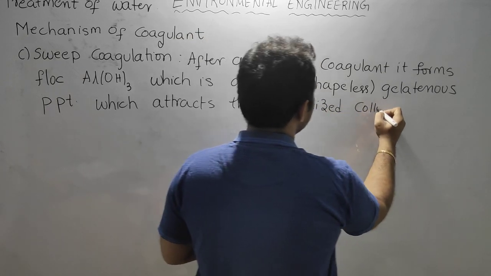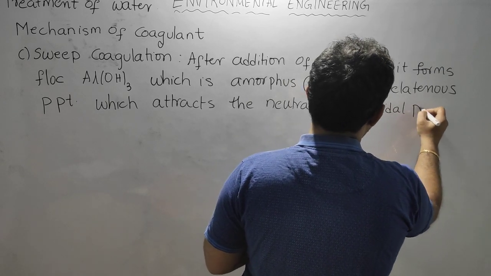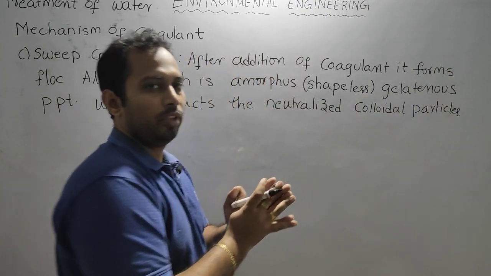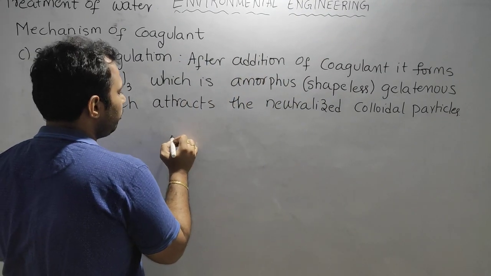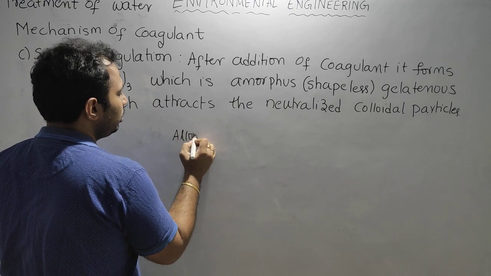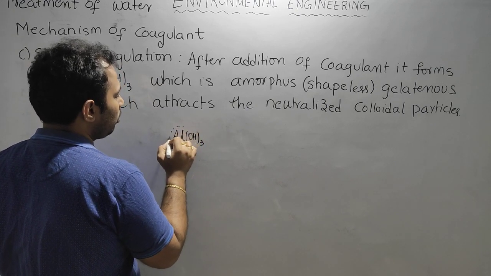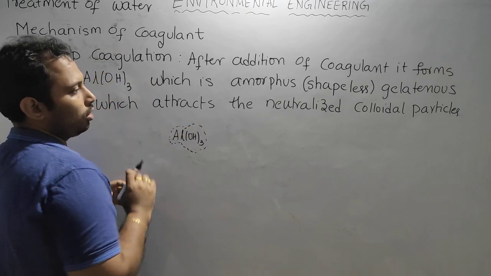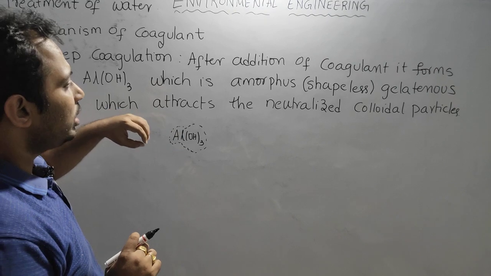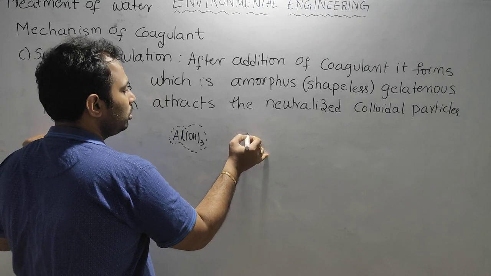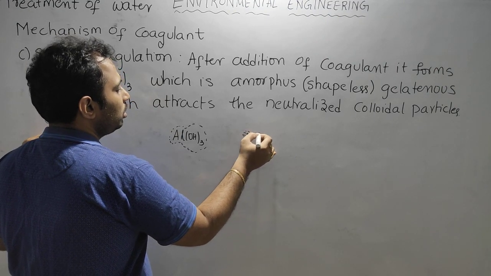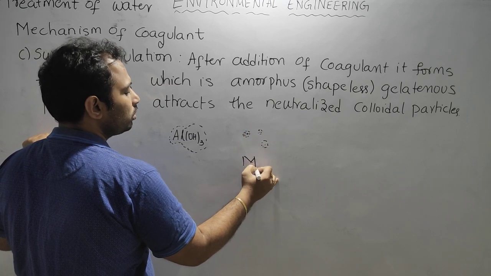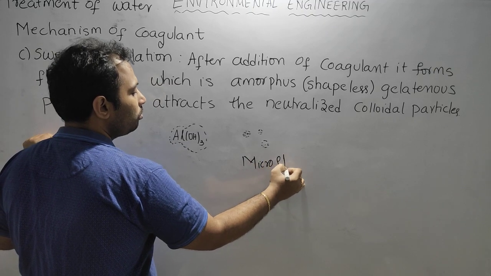Because of this attraction, they come together and form a flock. This Al(OH)3 will attract all the finer particles, and that is called flock. Al(OH)3 will form microflocks. These are called microflocks.